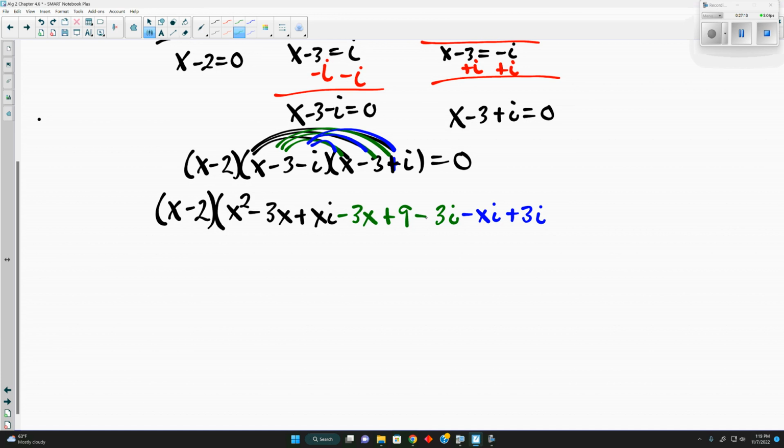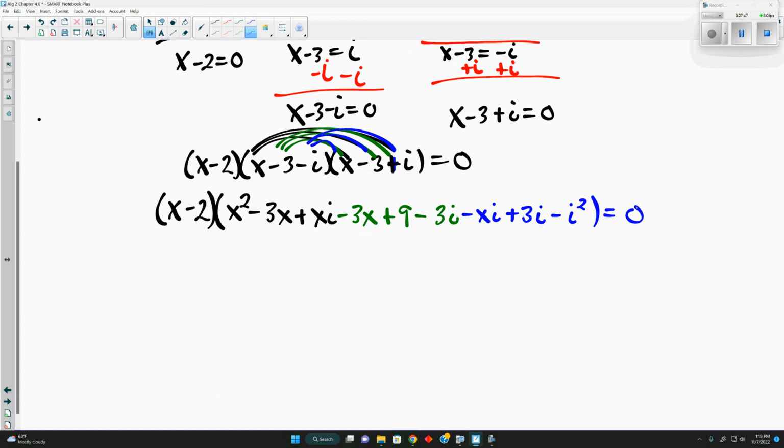Now the reason I knew that there was an error was because, again, all the i terms should cancel out, yes? Because negative i times negative 3 would be plus. Positive 3i plus 3i is not going to be 0, so there's probably something wrong. Xi, negative xi, those work. And then lastly, negative i times positive i is going to be negative i squared.